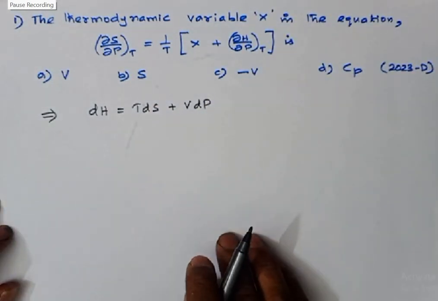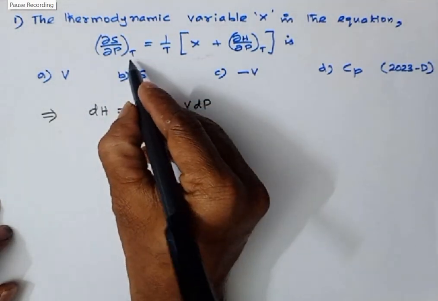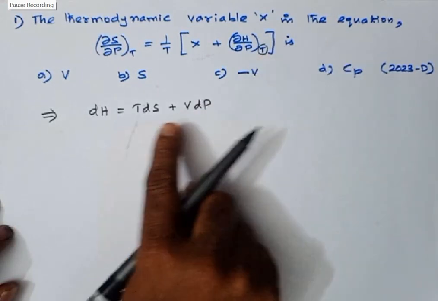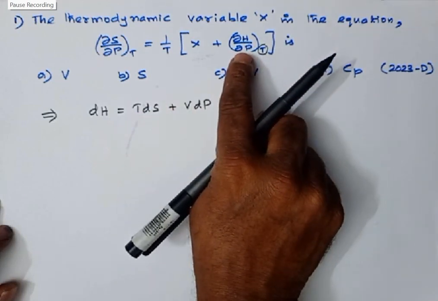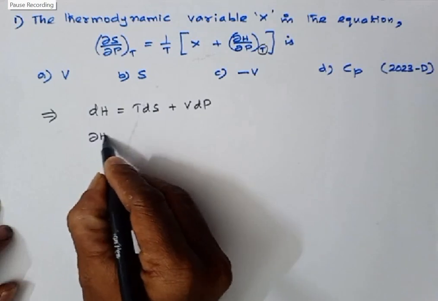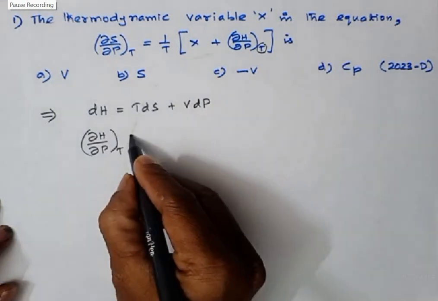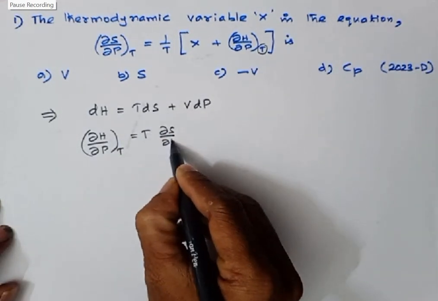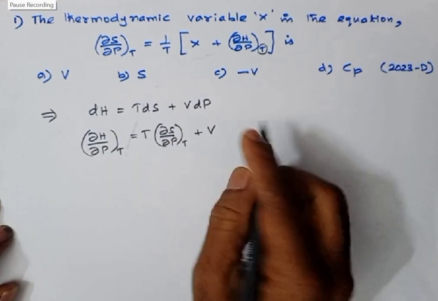Now what I am going to do is differentiate. We need to keep temperature constant here. Just note down, temperature should be constant, and we differentiate with respect to pressure. Keep this T as such, differentiate S with respect to pressure at constant temperature, plus keep this V as such.